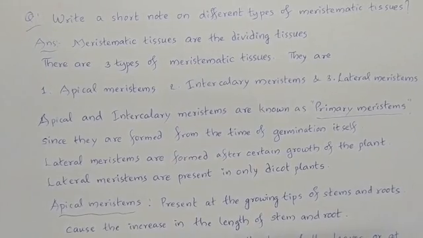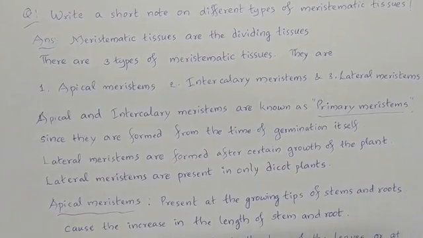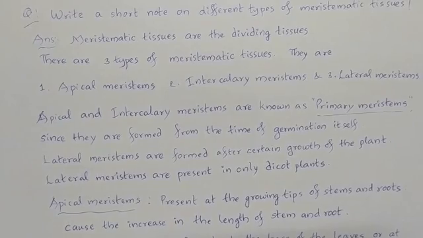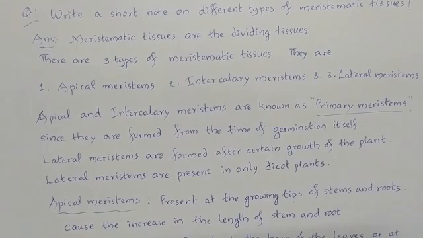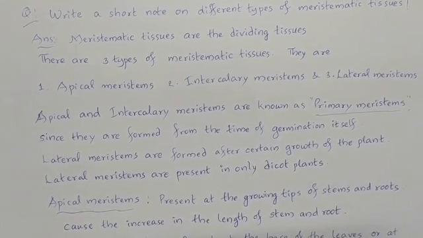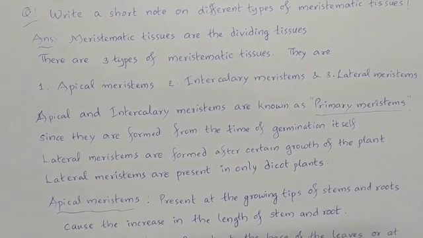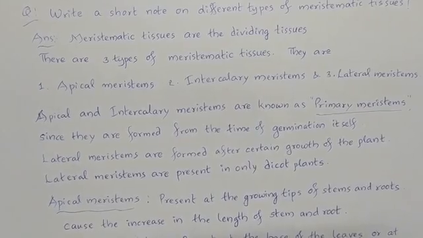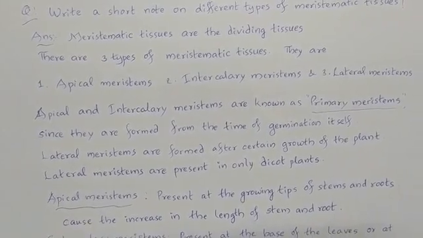Lateral meristems are formed after certain growth of the plant, not by the time of germination itself. So, they are called secondary meristems. And lateral meristems are present only in dicot plants. In monocot plants, lateral meristems are generally absent.